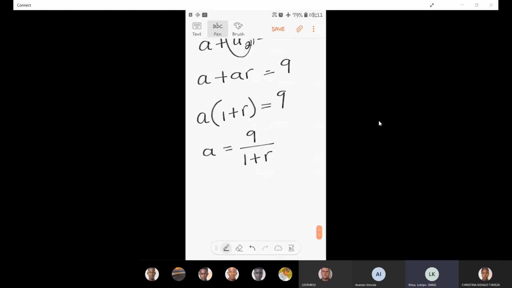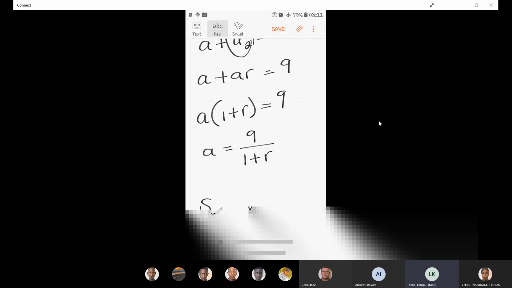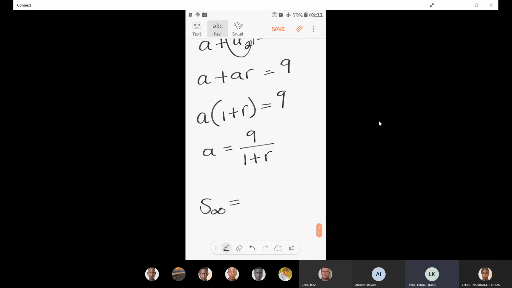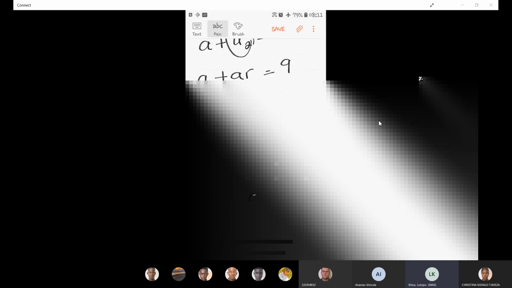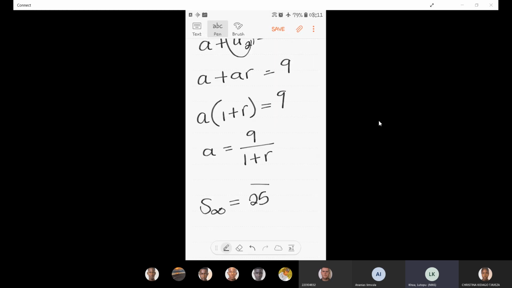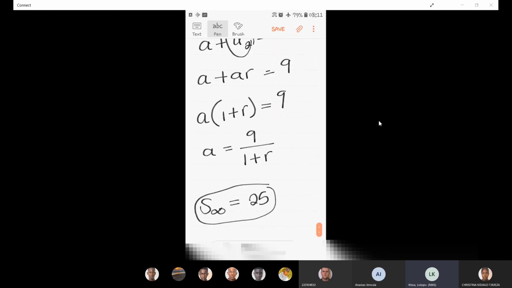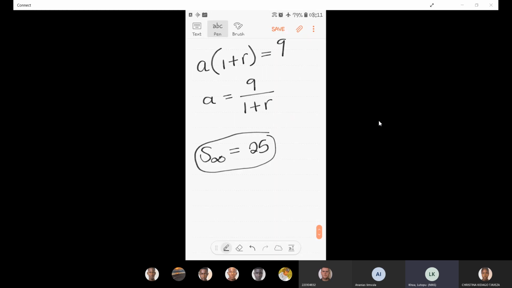And then I was also told in the question that the sum to infinity is equal to 25. Okay, so this is what I was also told. And I know the formula for the sum to infinity. I have 25 equal to A, but my A is this one here.